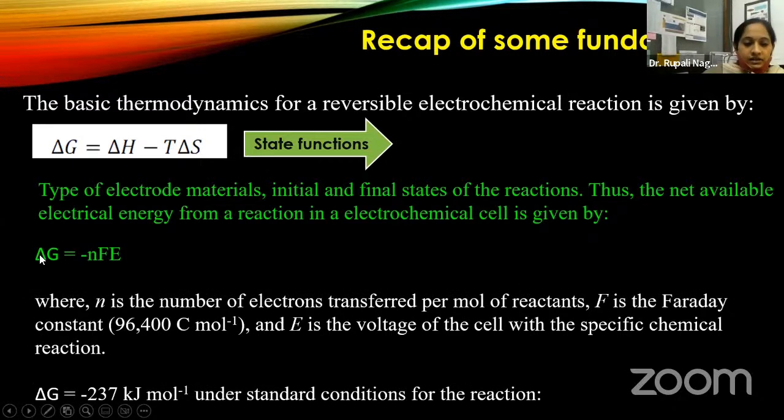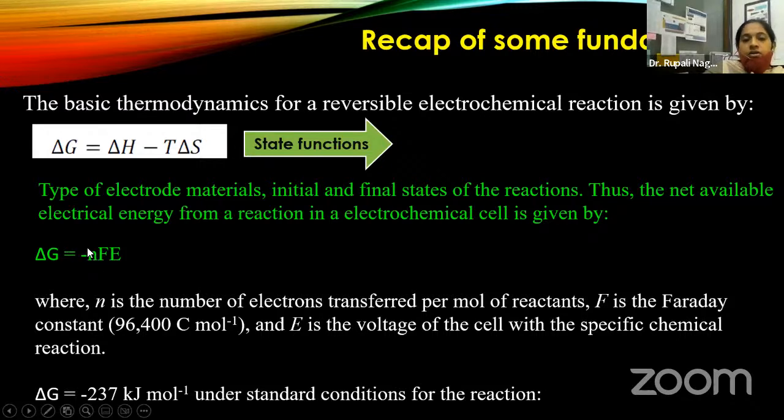Then delta G, the Gibbs free energy, can also be represented as minus nFE, where n is the number of electrons transferred per mole of the reactants. F is the Faraday constant, 96,400 coulombs per mole, and E is the voltage of the cell with a specific chemical reaction. So once I have created my electrodes, anode and cathode, and made my choices of materials, delta G gets predefined.